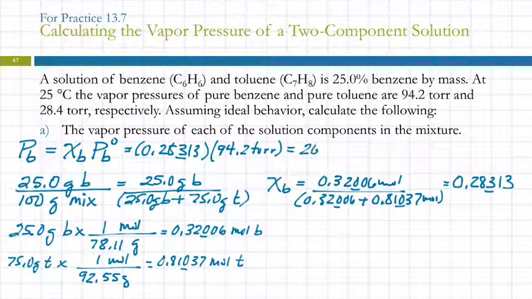So that's going to be 26.67 torr. Then I'm supposed to calculate the vapor pressure of the toluene also.